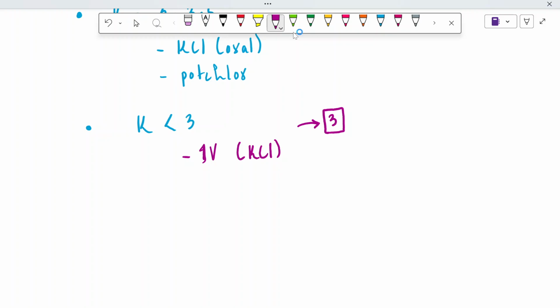Last is the mathematical thing: for a 1 milliequivalent rise in the potassium, we should give 200 milliequivalents of potassium chloride per 24 hours.